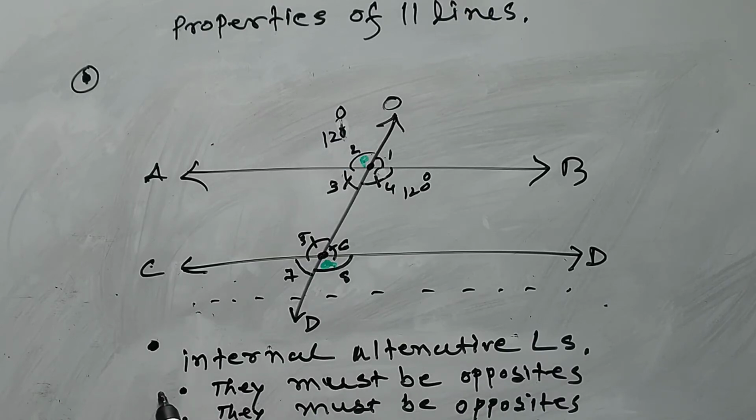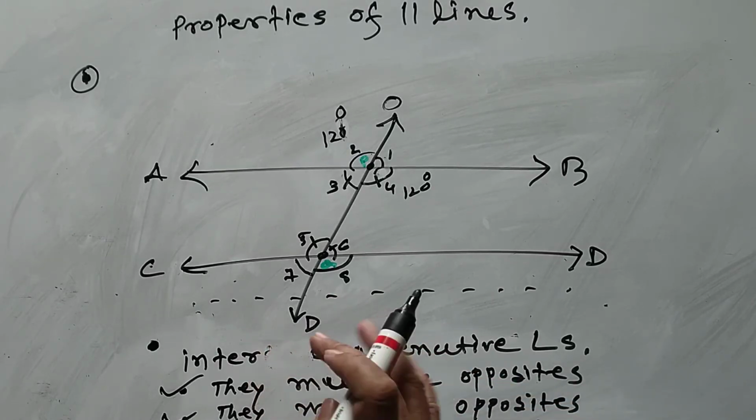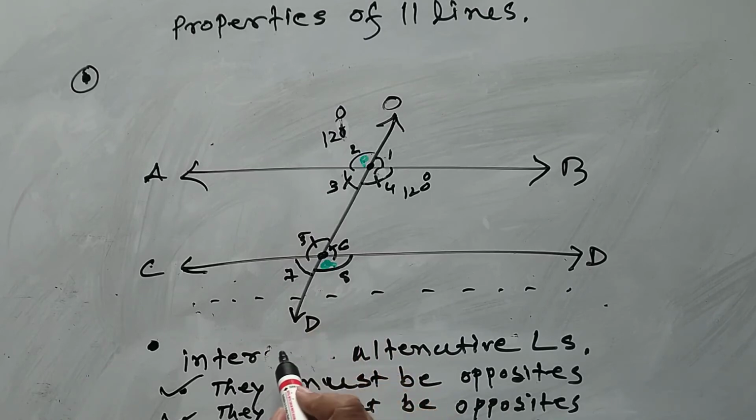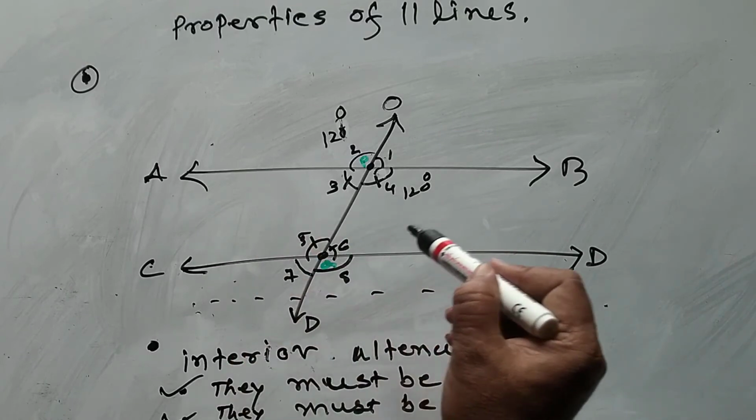So these two conditions must be true. If the two conditions are true, then they are alternate interior angles.